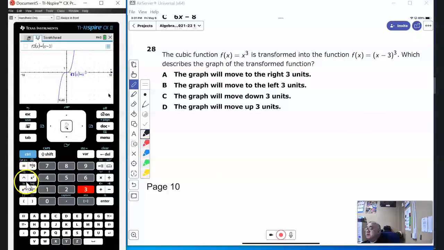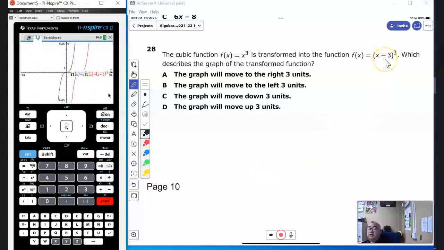And you notice when we type in the new function, it was shifted to the right.